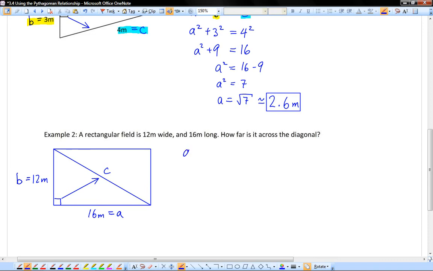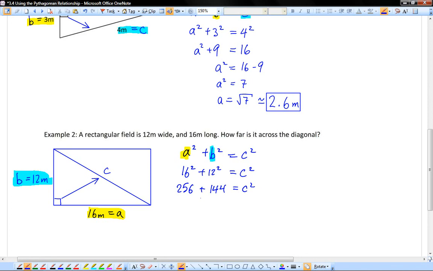So let's write down the Pythagorean relationship. It is a squared plus b squared equals c squared, and I'm going to be replacing a with 16. I'll be replacing b with 12, and let's see how that turns out. So it's 16 squared plus 12 squared is equal to c squared. 16 squared is 256. 12 squared is 144.